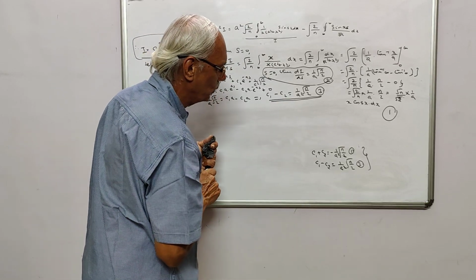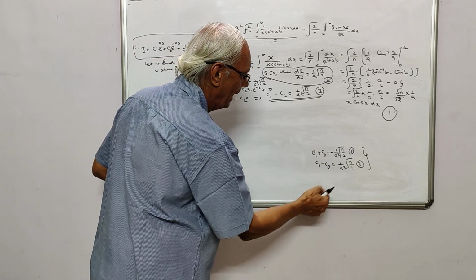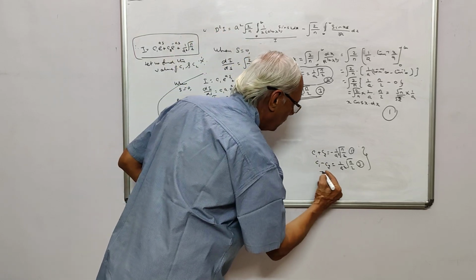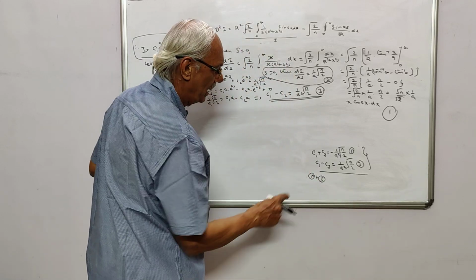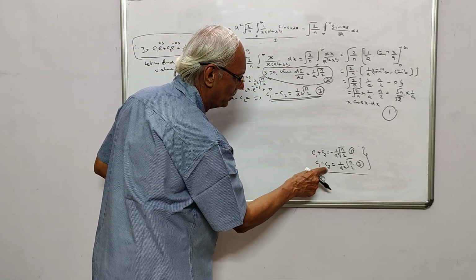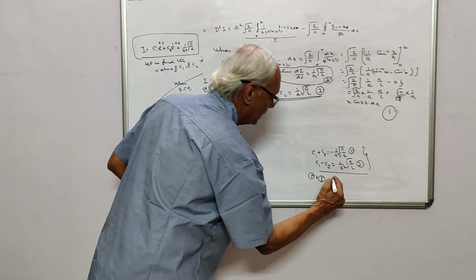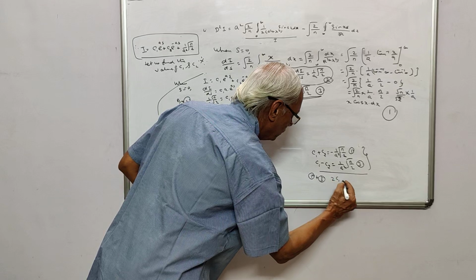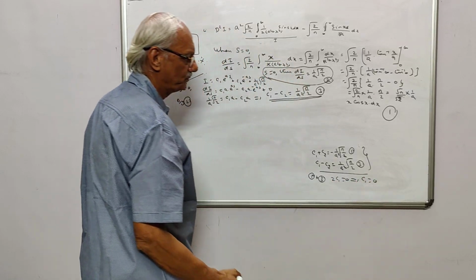Now you see that you add. When you add, 1 plus 3, the plus c2 and minus c2 will go off. These two will vanish because this is minus, this is plus. So this implies 2c1 is equal to 0, which means c1 is equal to 0.